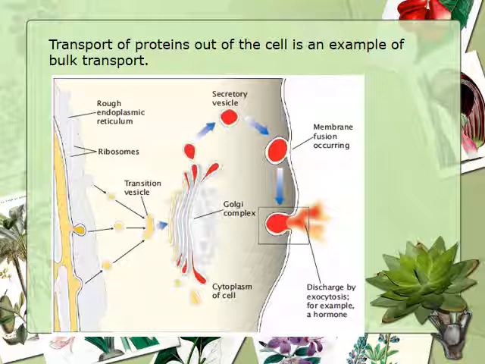They're packaged into a vesicle and sent to the Golgi complex in the middle there, where final alterations are made. Then these secretory vesicles will move to the plasma membrane, and they will allow this vesicle to open up, join with the other phospholipids of the membrane, and discharge those particles or these proteins that we need to move outward out of the cell.